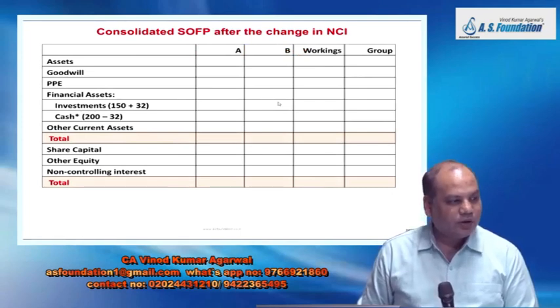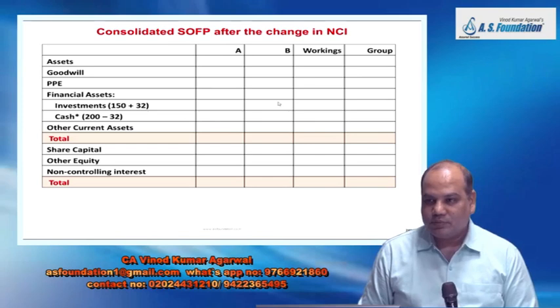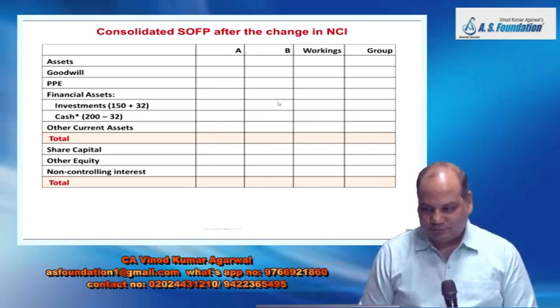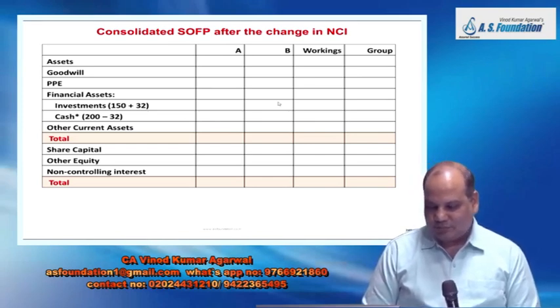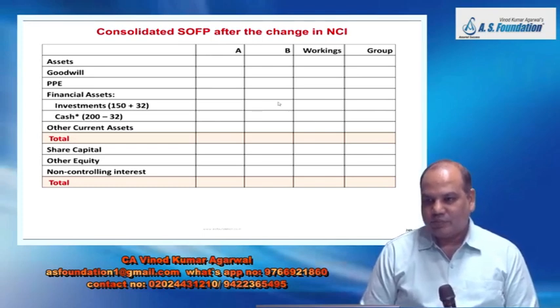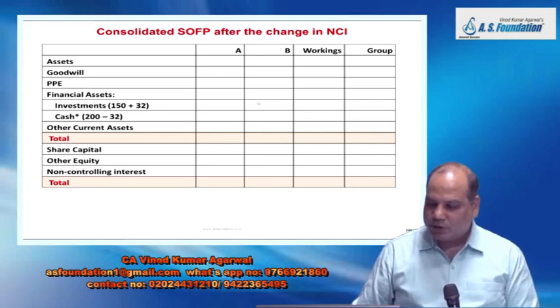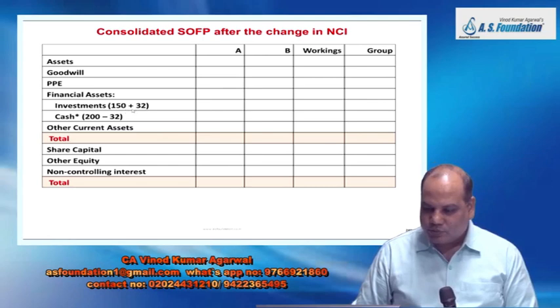Now, dear student, have I given you this blank format? Start. You have to solve. In the separate statement, investment will increase. I have written a hint also, 150 plus 32. Cash will decrease, 200 minus 32. B will not change.